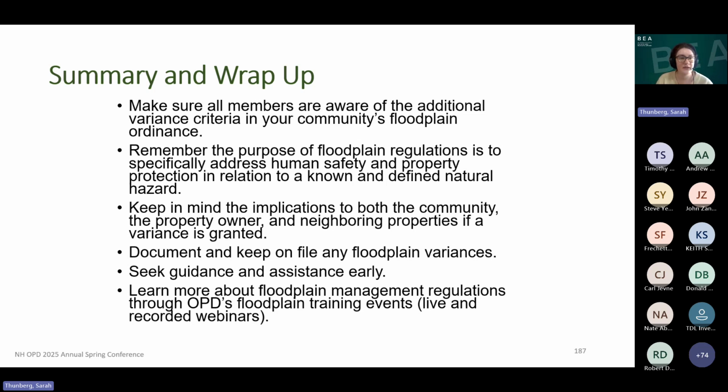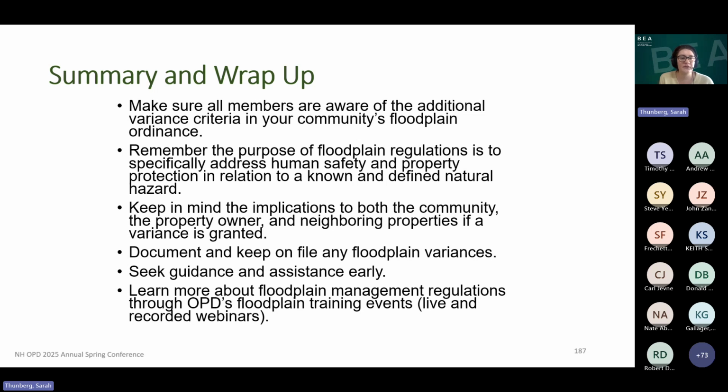In summary, what we've talked about today is make sure that all of your members are aware of the additional variance criteria for your community's floodplain ordinance, because there are some additional things aside from the variance criteria set by the state.